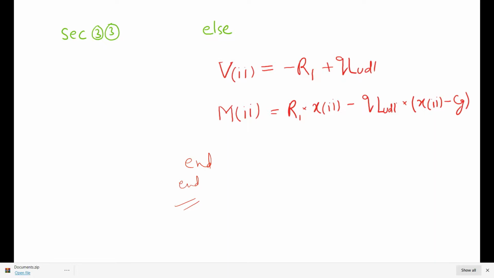Then we will run the program and write plot x comma shear force, and plot x comma bending moment, and we will get the shear force and bending moment diagram.